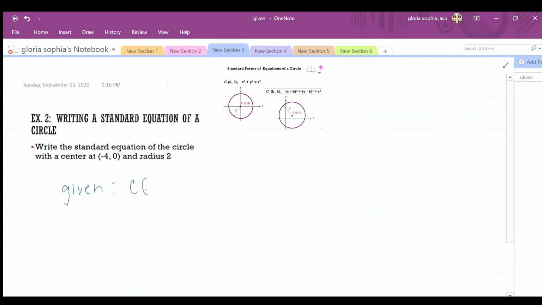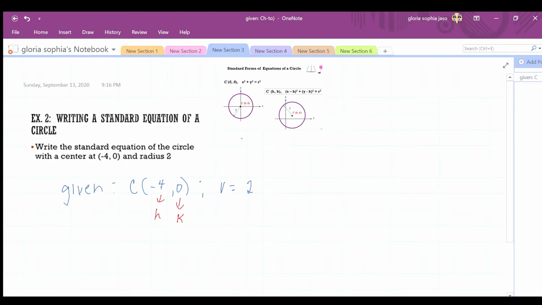So, center natin is at -4, 0, and the radius is 2. -4 will be our h, and 0 will be our k.